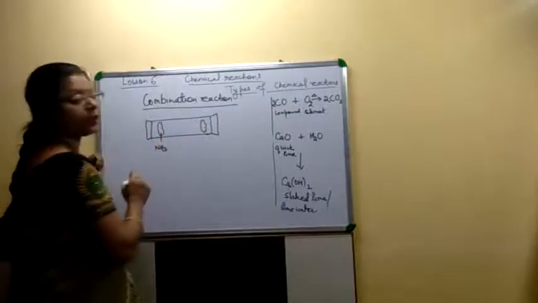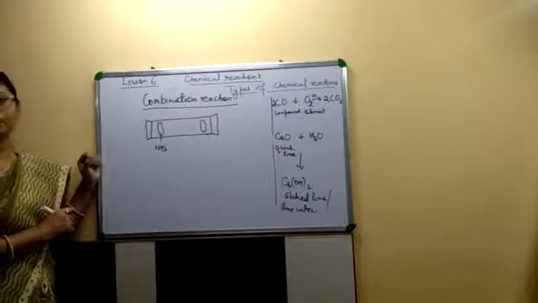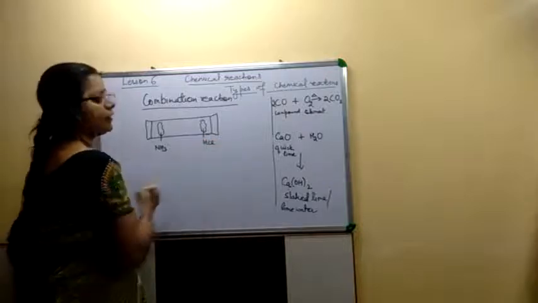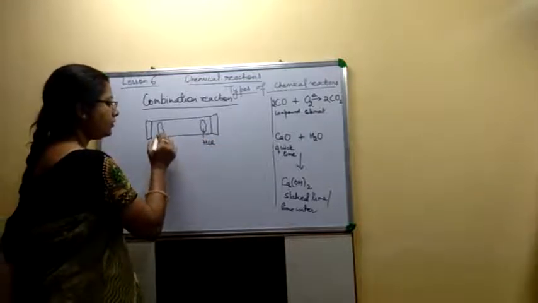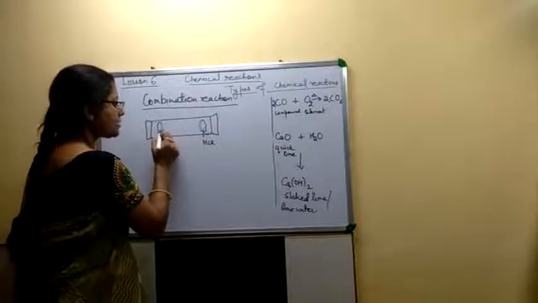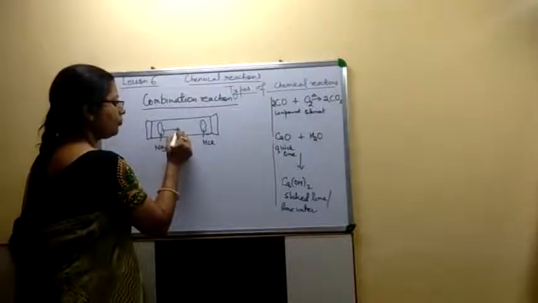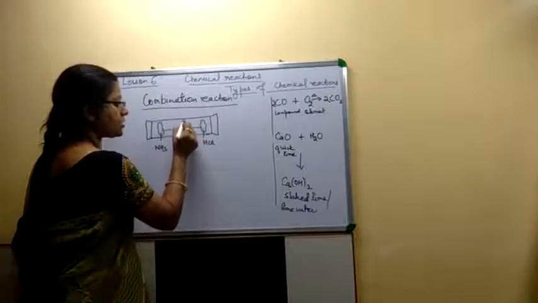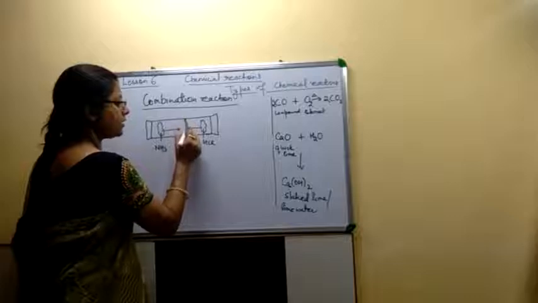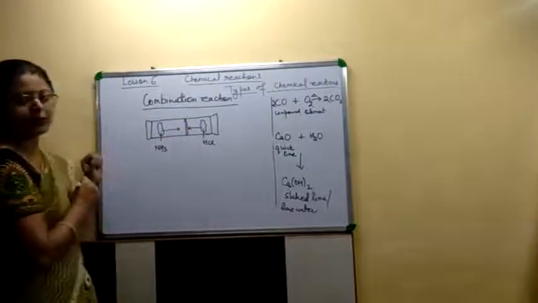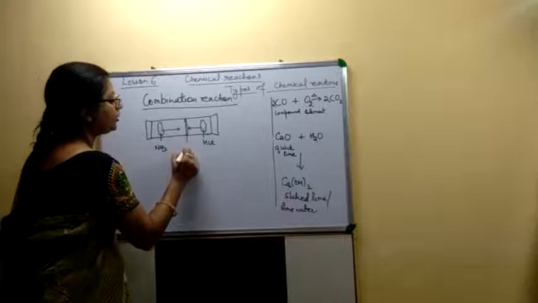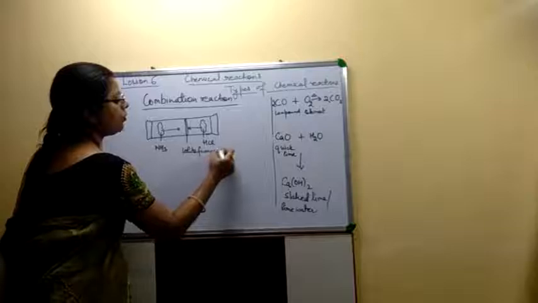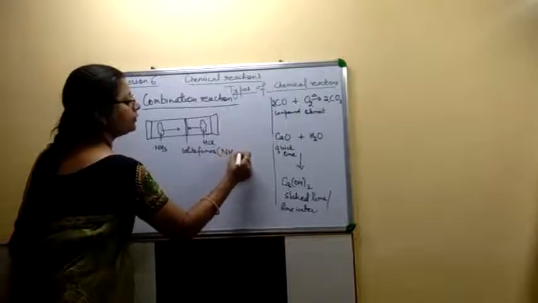This is the cotton wool soaked with ammonia gas, and this is the cotton wool soaked with HCl gas. Because both are gases, their fumes move towards each other, and during this process at a certain distance they combine together and form white fumes. These white fumes are of ammonium chloride.